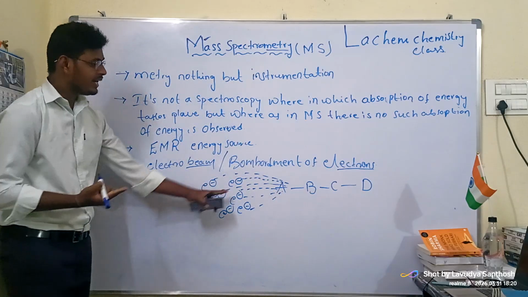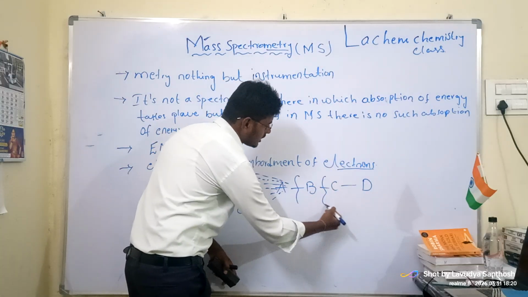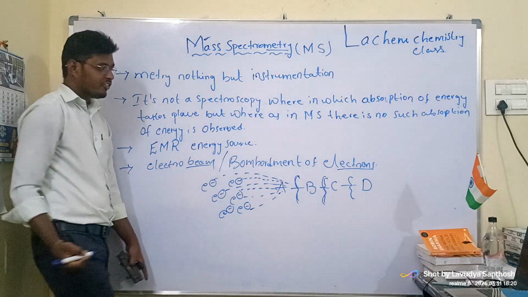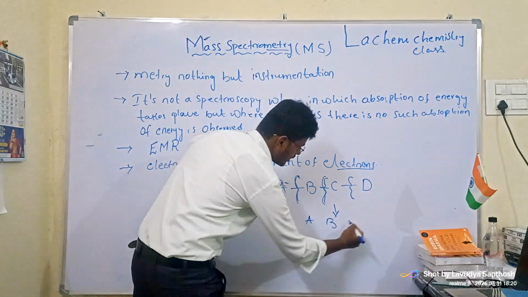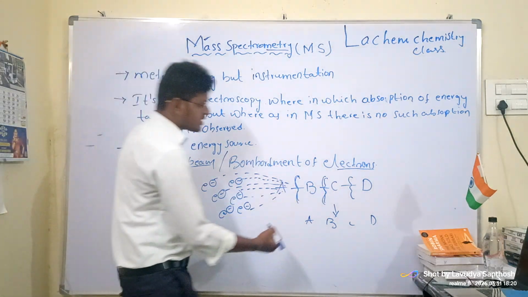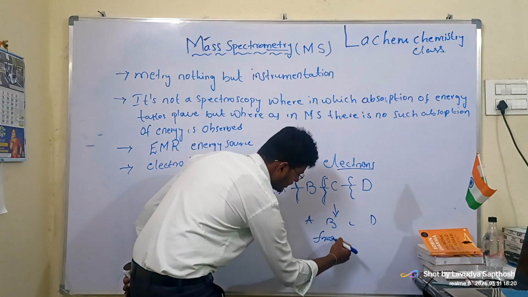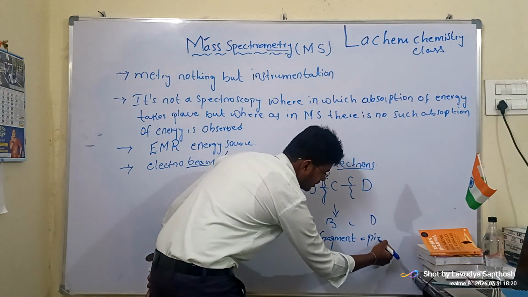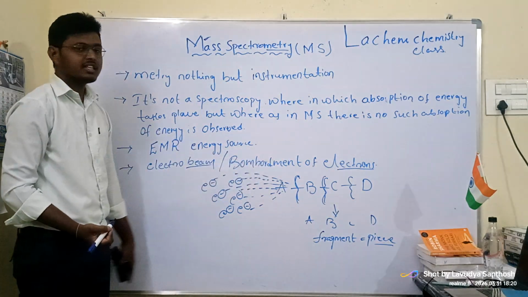When this energy hits the molecule, what happens? The bonds between the atoms break down, and finally we get new fragments, A, B, C, D. These are the fragments that we see. These are the pieces. Fragment is nothing but piece.